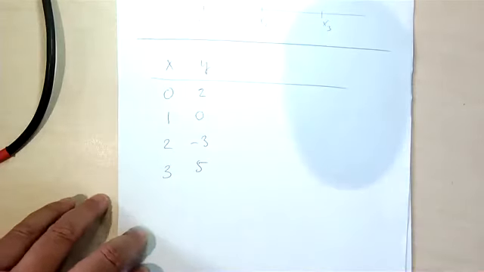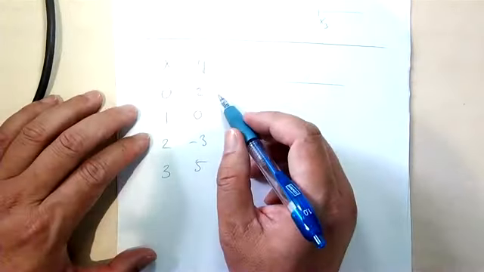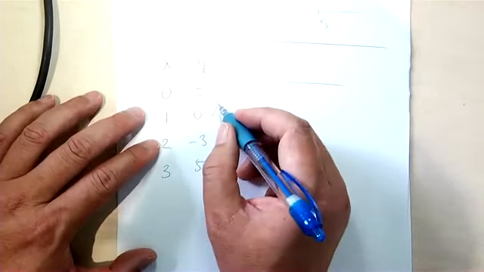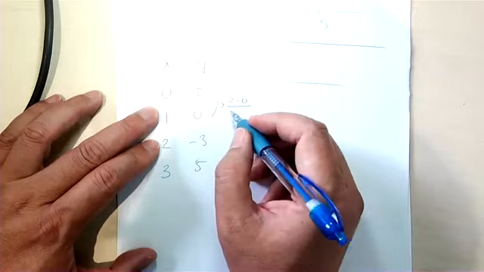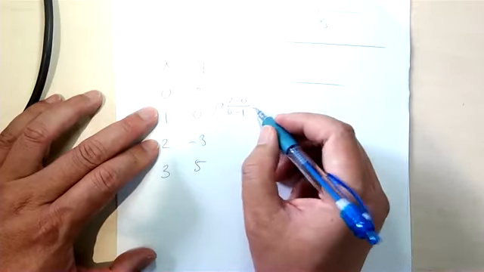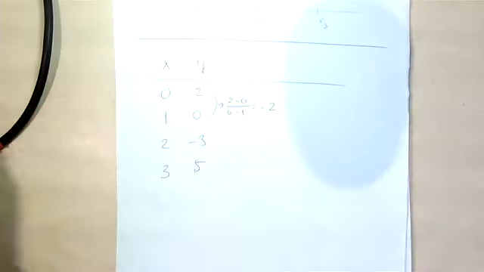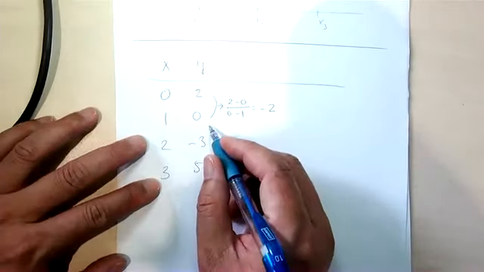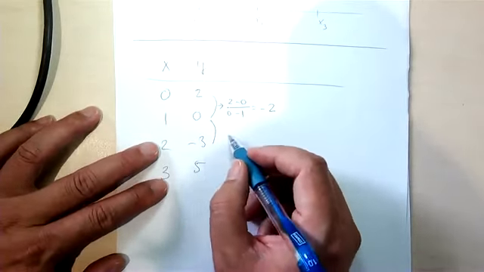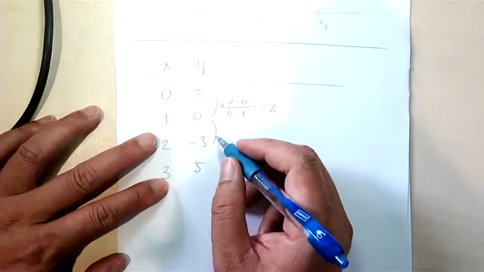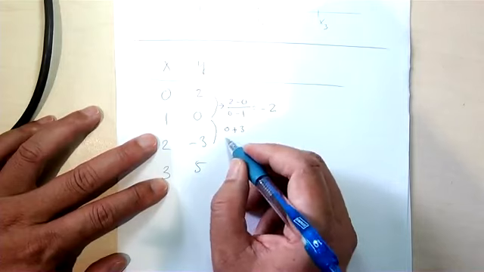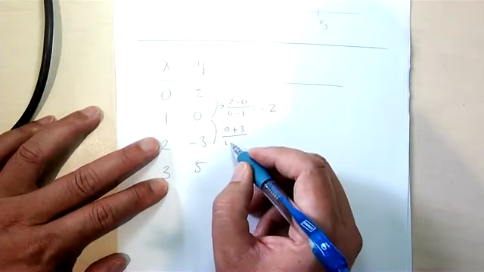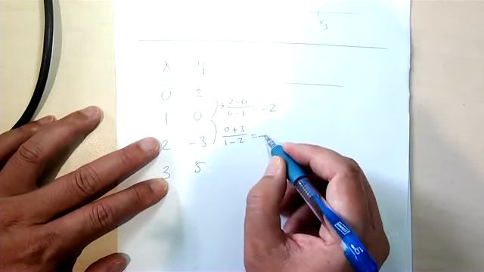So now I compute this number. This number will be 2 minus 0 divided by 0 minus 1, which is just minus 2. So you got minus 2 here. Then for this number you just take 0 minus 3, so it becomes plus 3, and 1 minus 2, so it becomes minus 3.